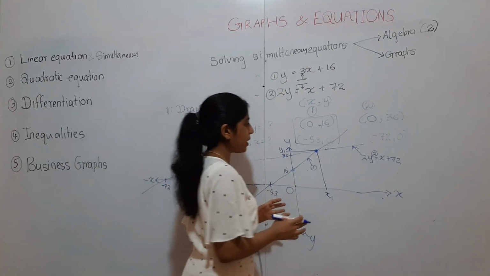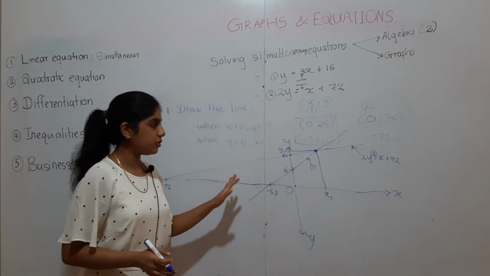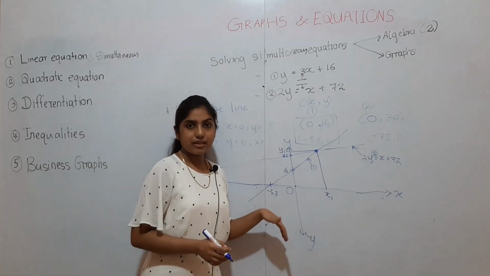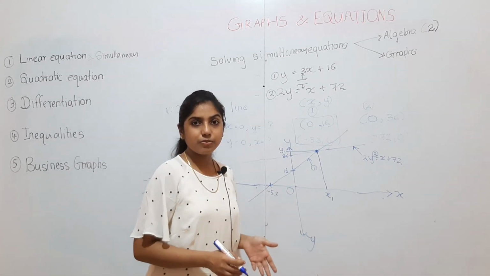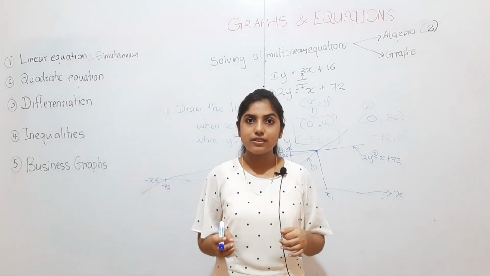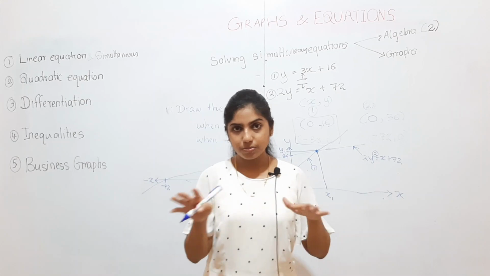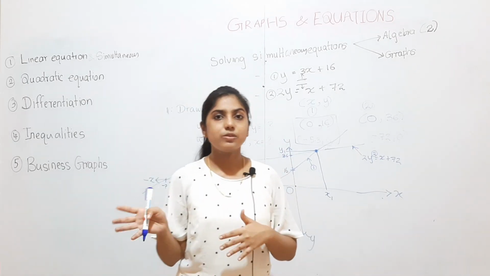So that's why I told it's very important for you to do this in a graph paper. Because if you do this in a graph paper, you can get the exact coordinate points in the graph paper itself, because you can equally split it.